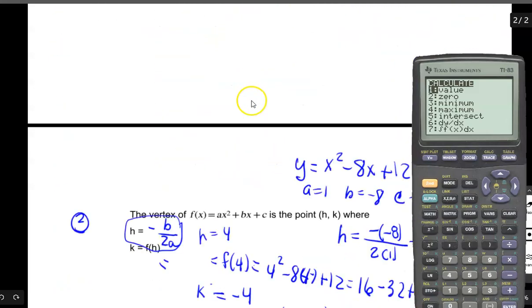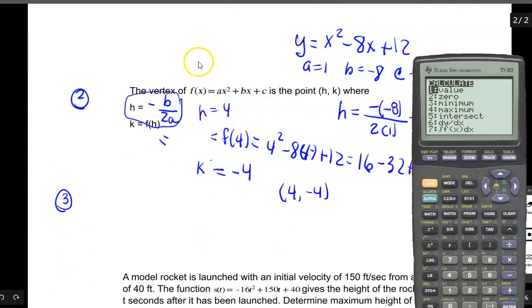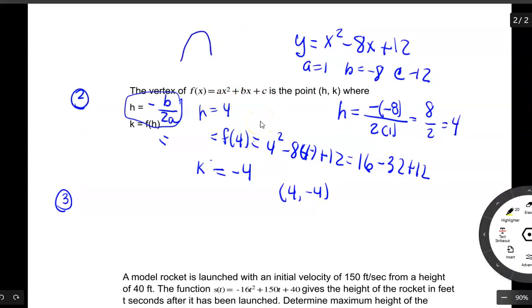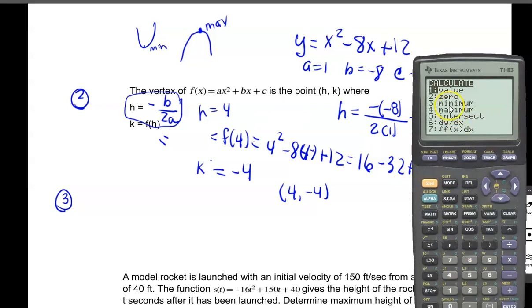So since it opens up, we know that vertex is going to be a minimum. If we knew it opened down, then that vertex would be a max. But since it opens up, that's going to be a minimum. So we're going to use the function that calculates minimum, which is number 3.